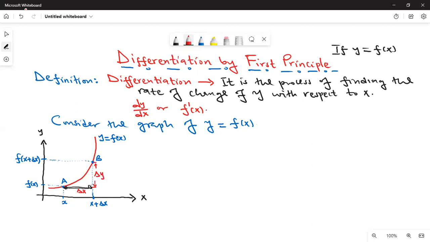So if I join the 2 points A and B with a line, I'll have this kind of a straight line joining the points A and B, and this line is called a secant line.